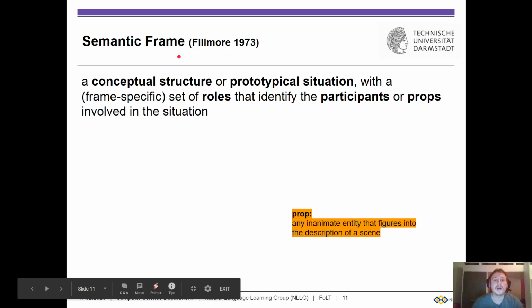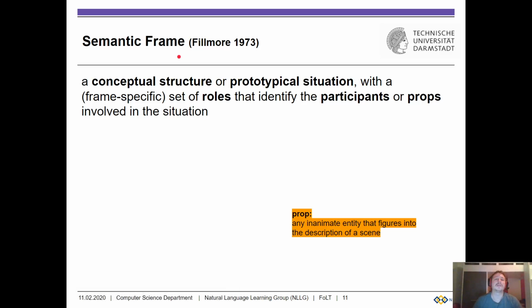So this is a little bit more complicated semantic theory, which holds that a semantic frame is a prototypical situation, typically involving a verb such as buying or selling, which could be a financial transaction. That could be prototypical in the real world.